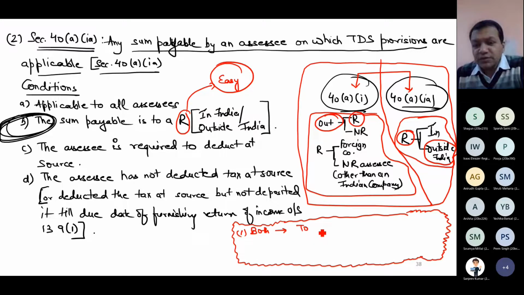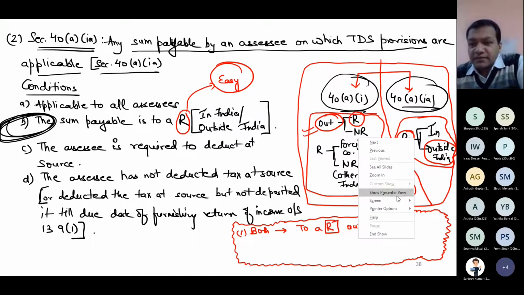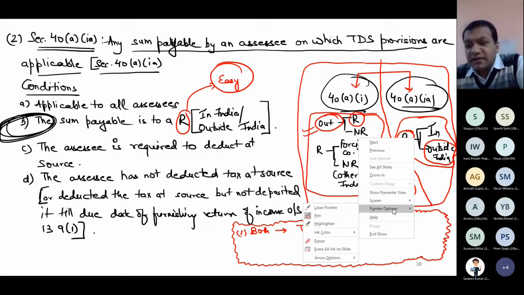Payment to a resident outside India is covered under both the sections. Similarly, now in 40A1A, payment in India is also covered.